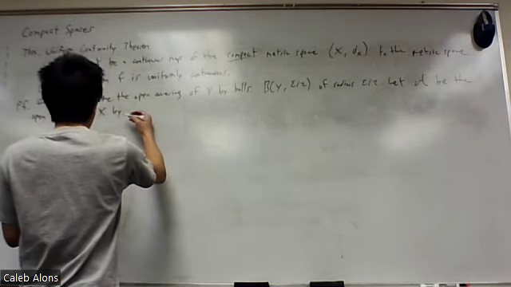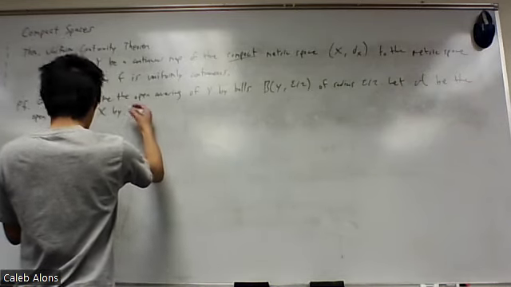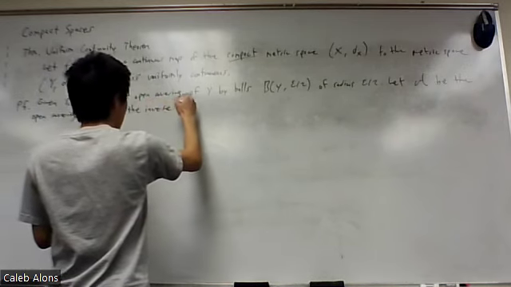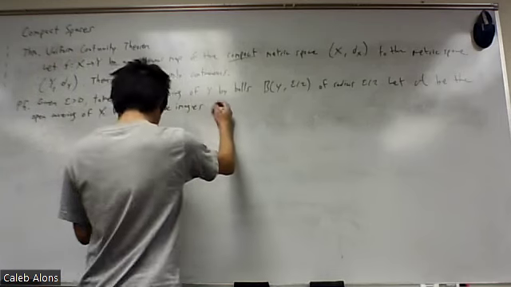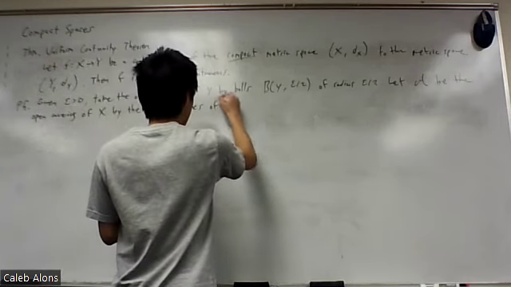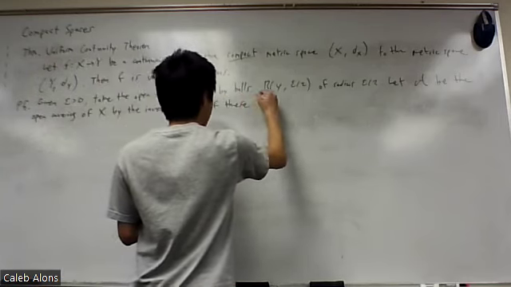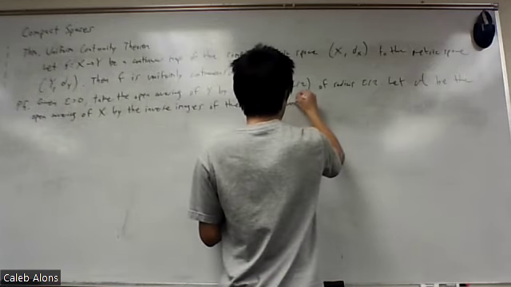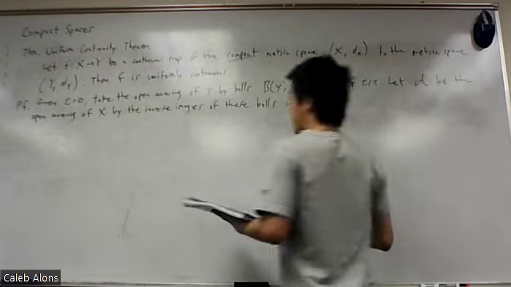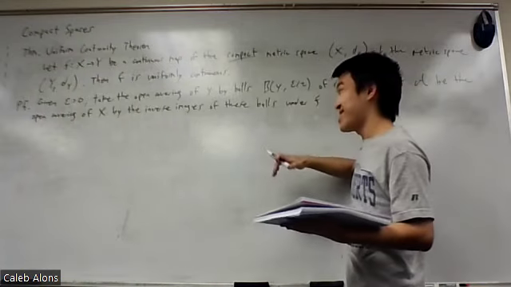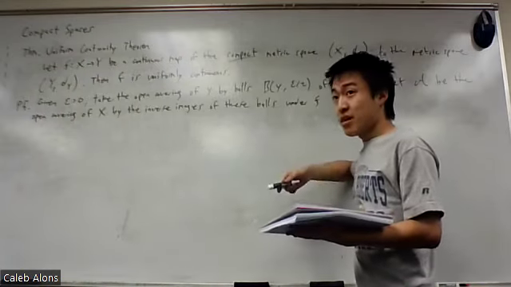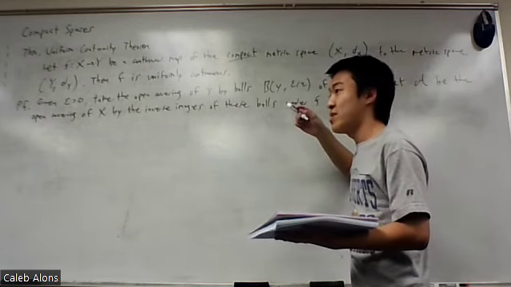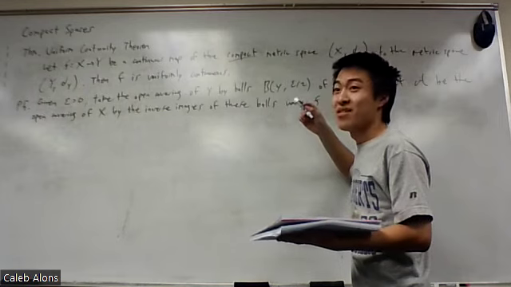The open covering of X: the inverse images of these balls under f. That sounds like a radius. Well, actually, in regular continuity, epsilon is a radius. In uniform continuity, epsilon is a diameter.